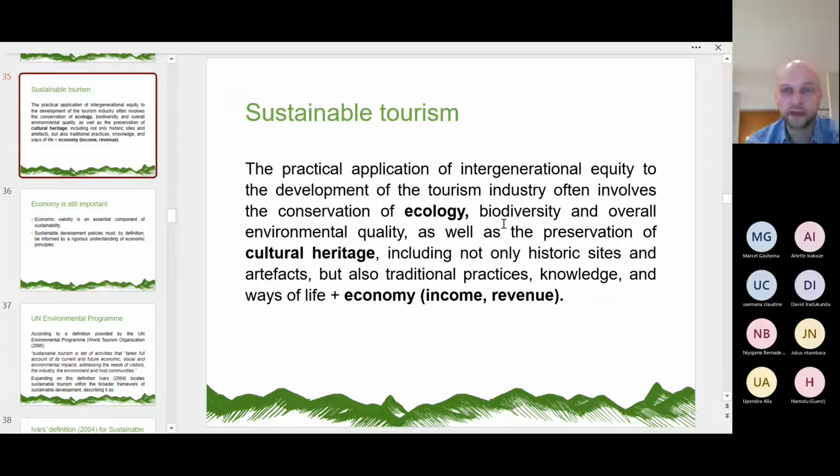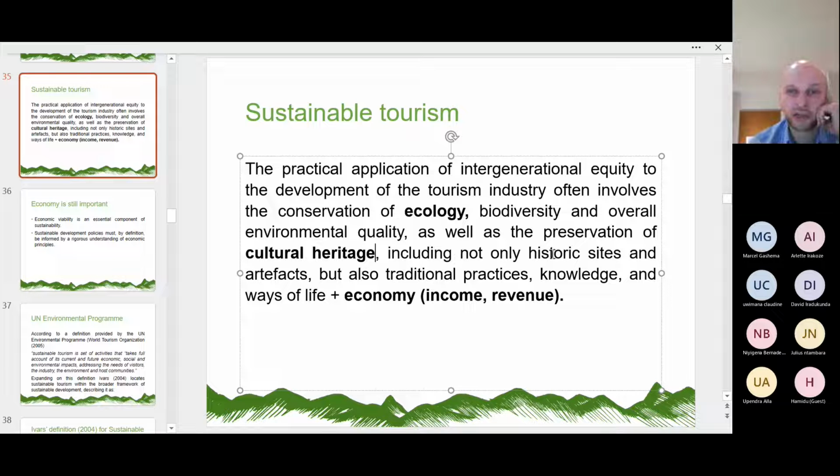So environmental capital means the conservation of ecology, biodiversity. Then cultural capital means the preservation of cultural heritage, like intangible cultural heritage, different folk song traditions, traditional dances, and so on.